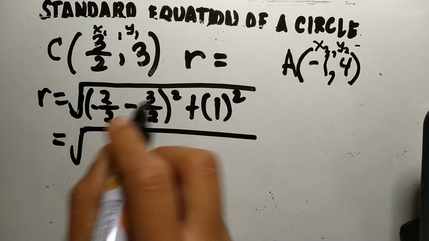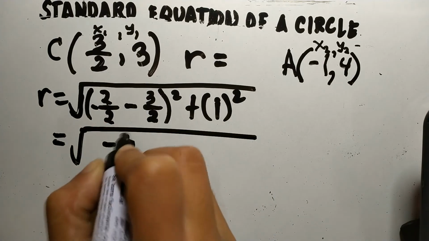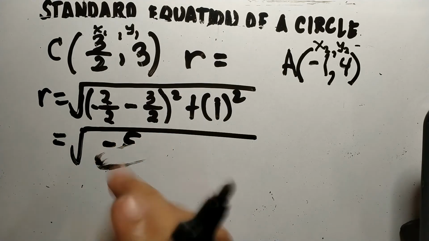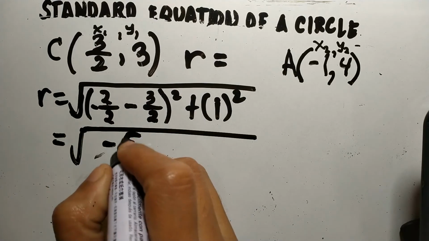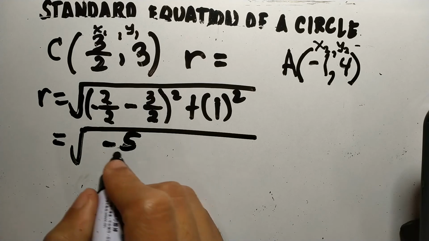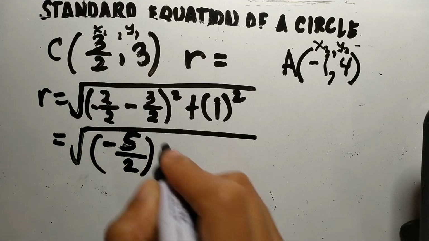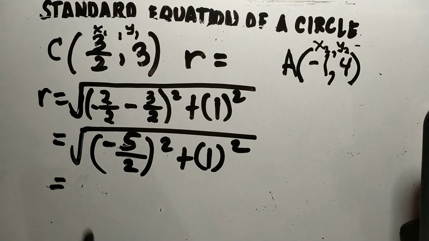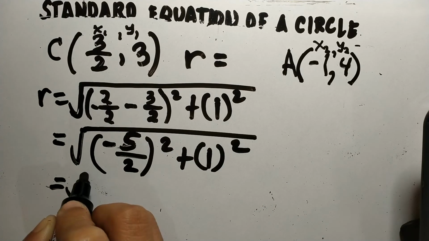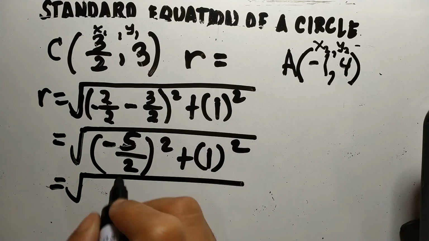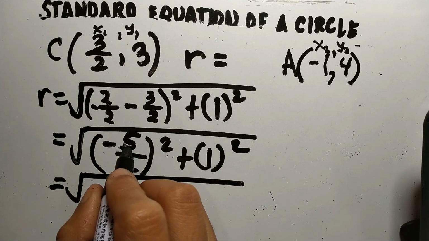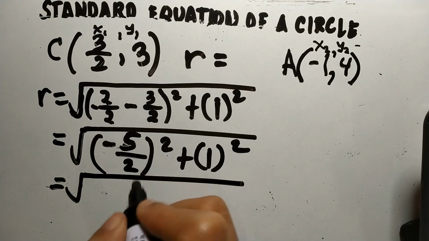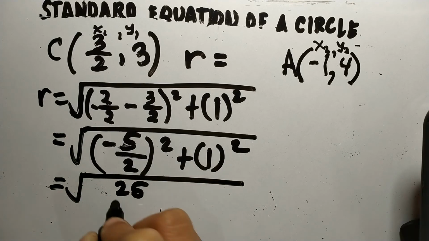So, negative 2 minus 3, it's negative 5 over 2 squared plus 1 squared. Para sabay na natin tanggalin yung squared ng exponent. So, it becomes negative 5 times negative 5, numerator times numerator, it's 25.